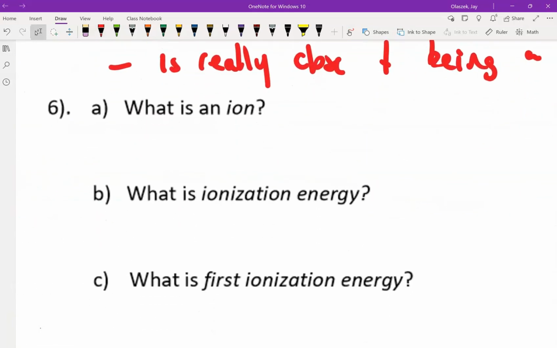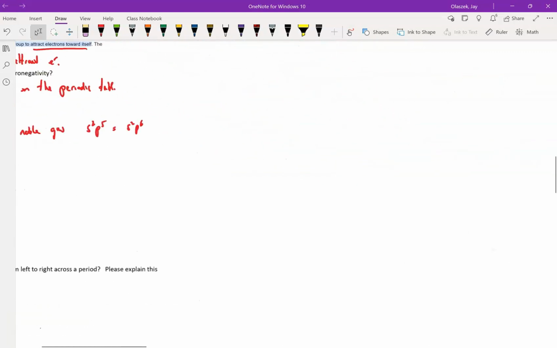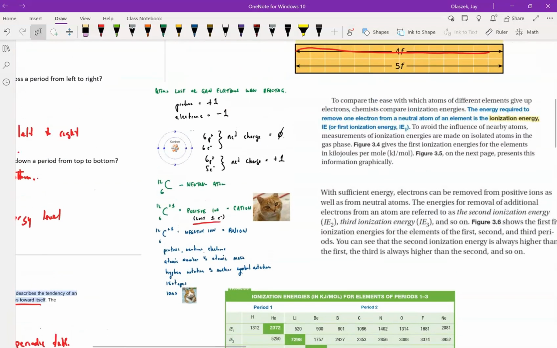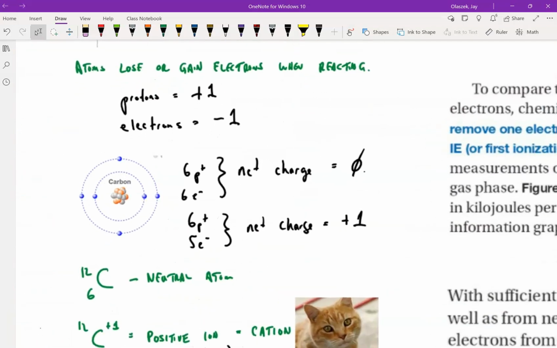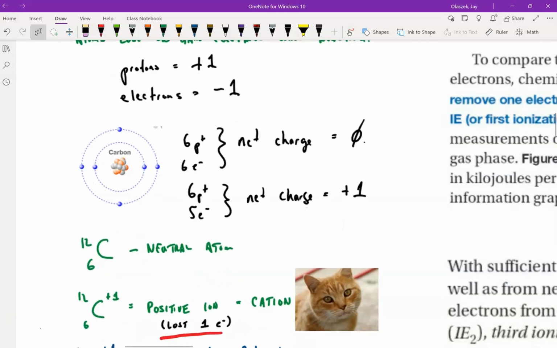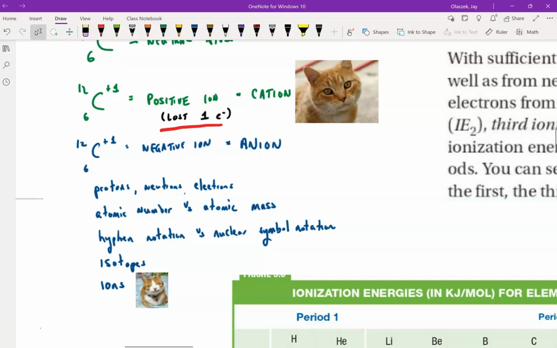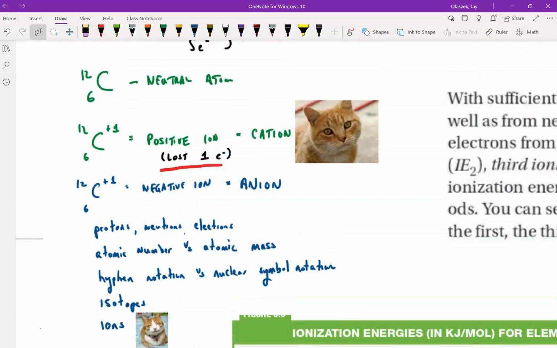Okay, a bunch of stuff on ions over here. A couple of cute cat pictures I think I threw in here too. Where are we finding them? Here we go. Atoms lose or gain electrons when they're reacting. They become positive when they have one more proton than electrons. They become negative when they have one more electron than protons. These are ions when we have atoms that have lost or gained electrons.